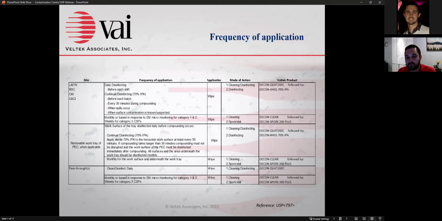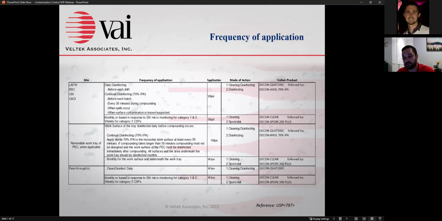Depending on which one you fall into in your facility, they dictate a little bit more on what you need to be doing as far as frequency of your applications. The big change that I've seen as far as disinfectant applications, sporicidal application, is category 3 is now a weekly application, whereas category 1 and 2 remain monthly.